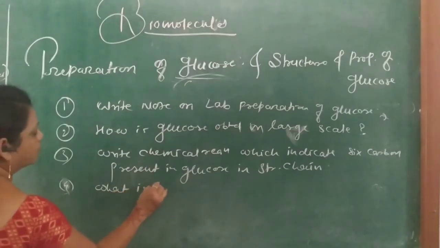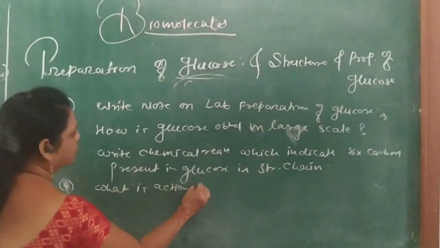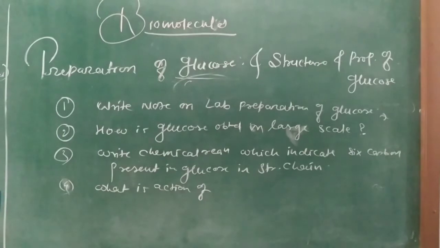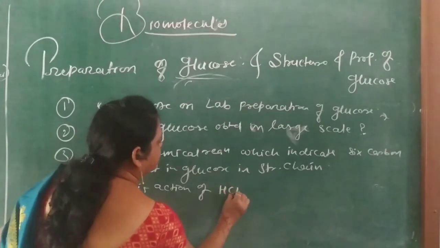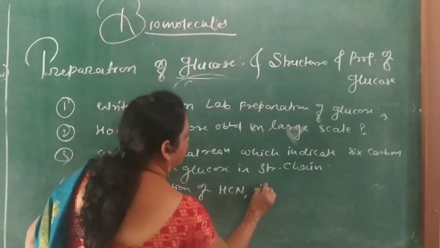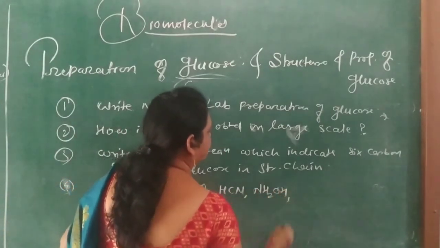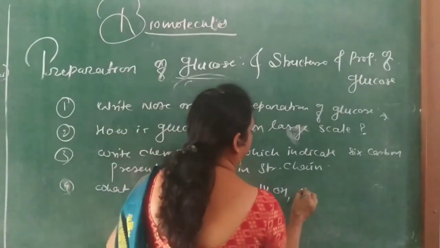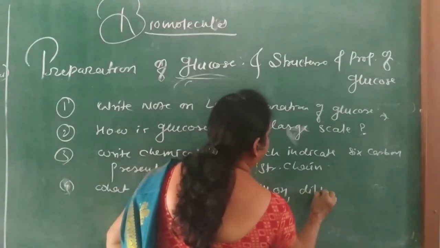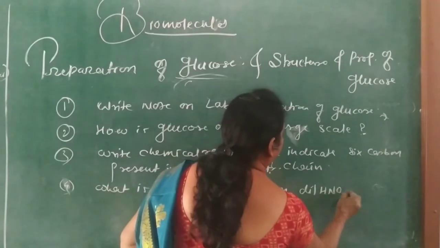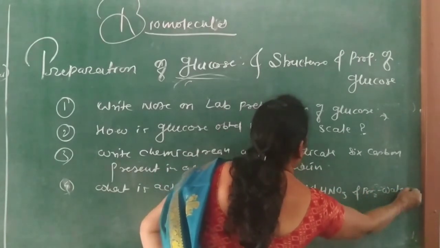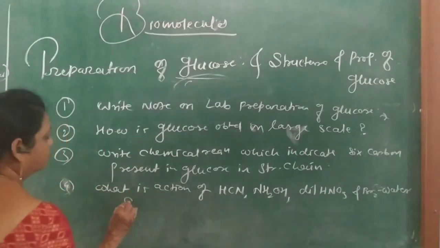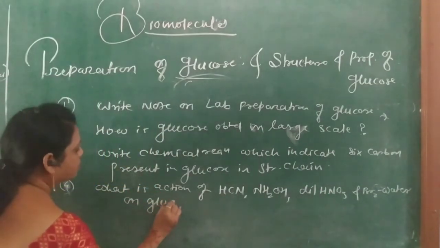Next, fourth one. What is the action of HCN, NH2OH, then dilute nitric acid and Br2 water on glucose?